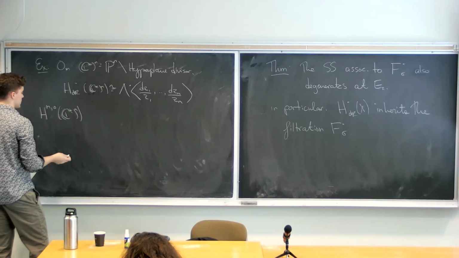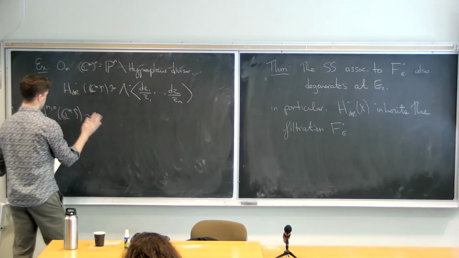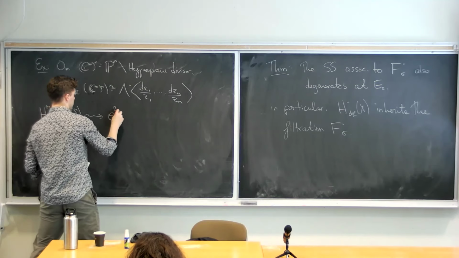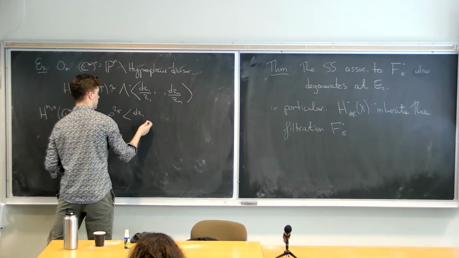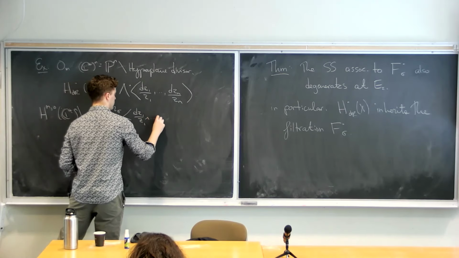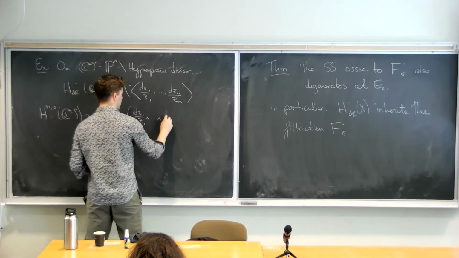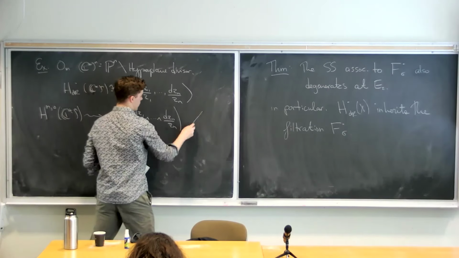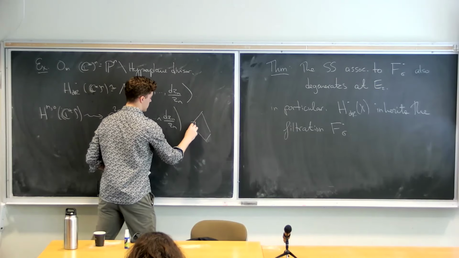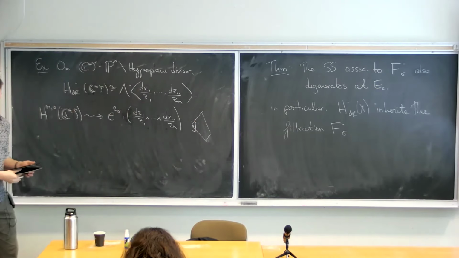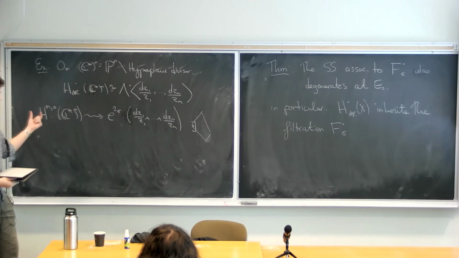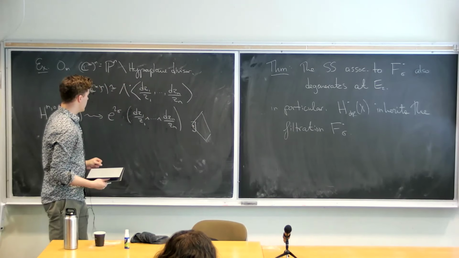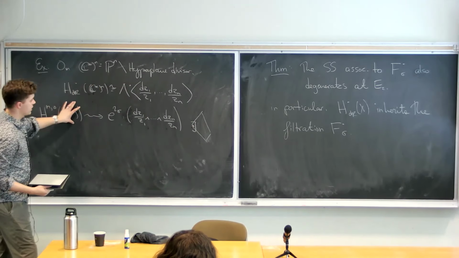But in the new Hodge filtration, this new leftmost piece is going to look like e to the i sigma applied to this generator. So this generated the leftmost part of the Hodge diamond. This differential form is an (n,0) form, and it generates this, which was one of the original parts of the Hodge filtration.